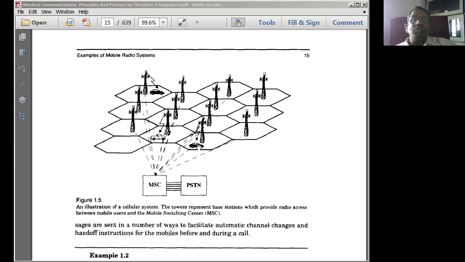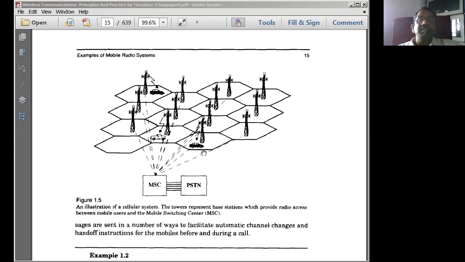When this person calls, this mobile unit speaks something. This information goes to the local base station unit, from the base station to the MSC, from the MSC to the base station, and from this base station the call goes to this particular user. Like that, the channel gets established between these two people via the local base stations and the MSCs, right?